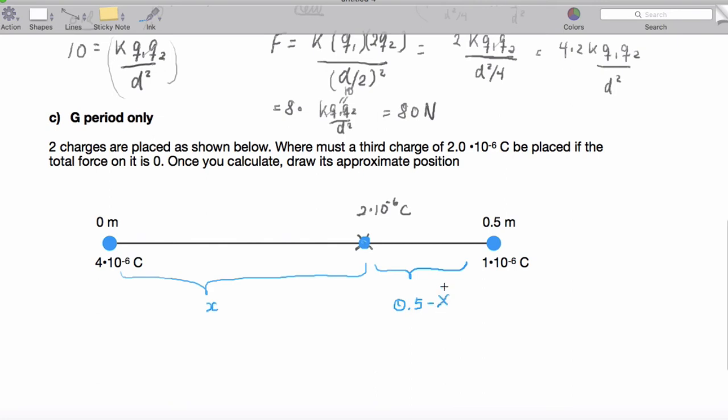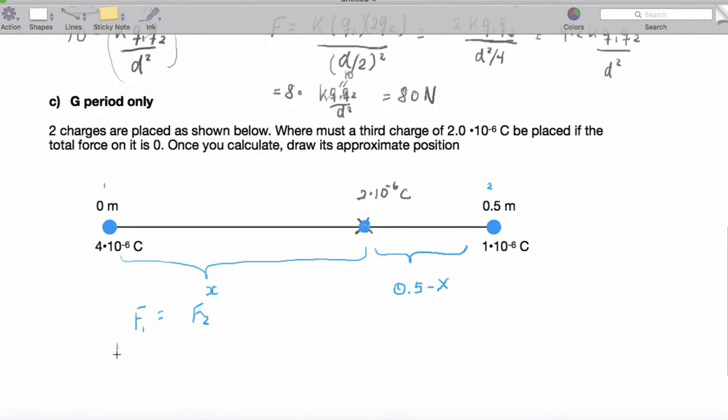What we're basically saying is the charge here puts a force, and the charge here puts a force. And for the force to totally equal 0, those two forces have to balance. So here's how I'm going to write this. I'll just basically set the two forces equal to each other. I'll call this 1 and I'll call this 2, and we'll just say F1 equals F2.